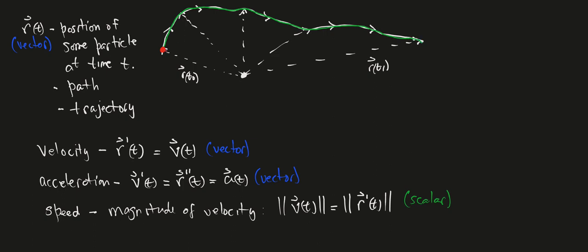So our particle starts at this position. Again, it's either in the plane or in space. It moves along that trajectory, and then it ends up there. And this motion occurs over the time interval t0 to t1, right? So basically, let me just write that down, that our time interval is this: t0 is less than or equal to t, less than or equal to t1.